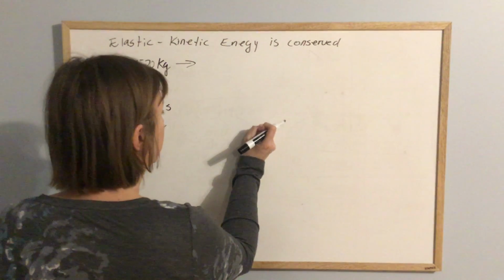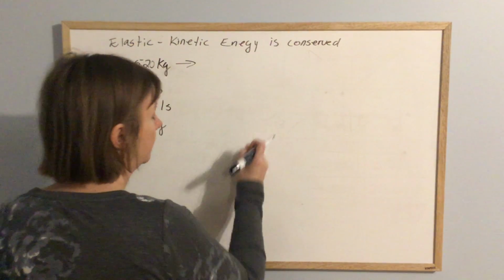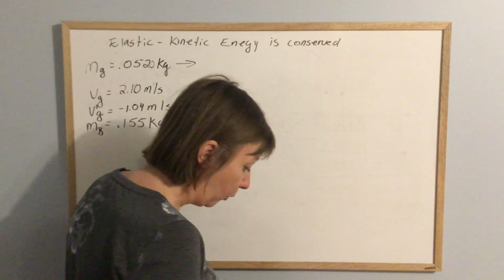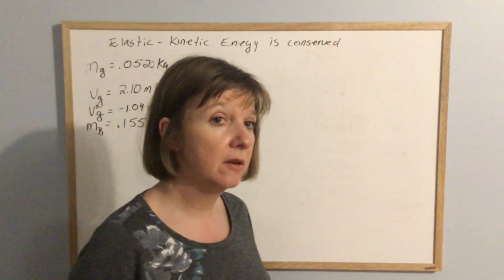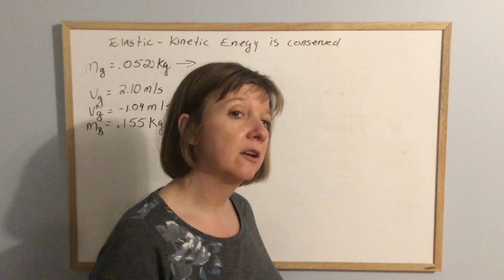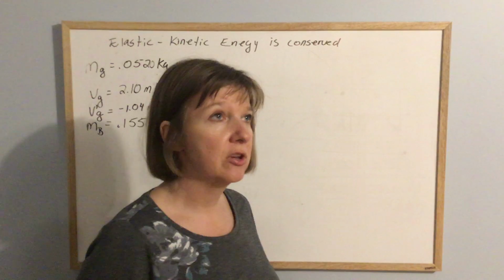So billiard ball is sitting here, golf ball hits the billiard ball and bounces directly backwards. It says, was the collision elastic? So what we have to look at is what was the kinetic energy before the collision and what was the kinetic energy after the collision.